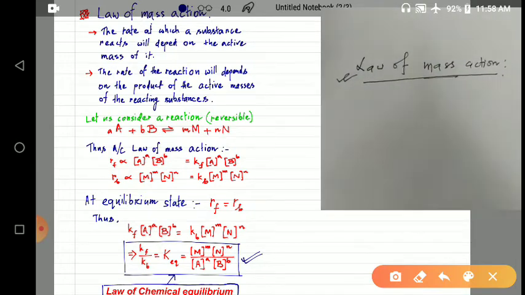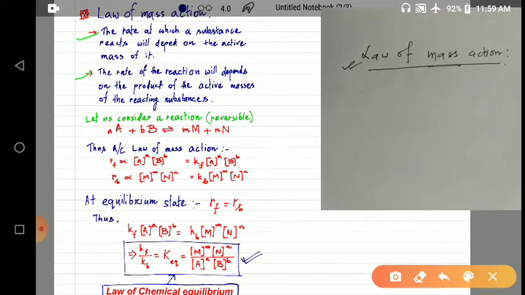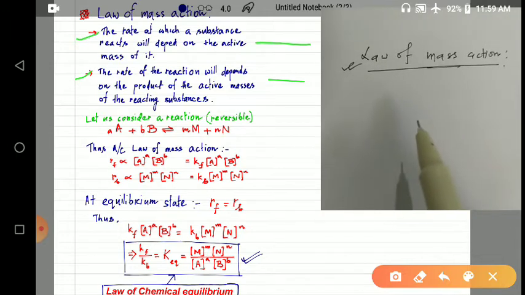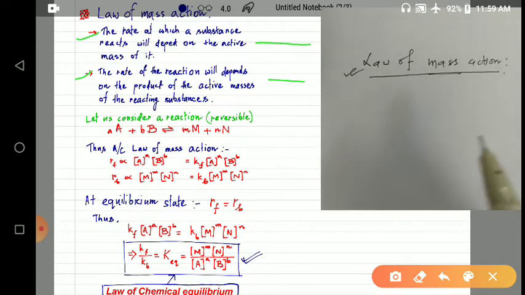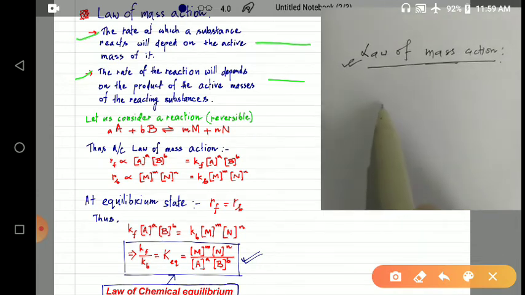According to this law, there are mainly 2 points. The first point is that the rate at which a substance reacts depends on its active mass. Let's suppose this is a substance A and this is a substance B, and they react.